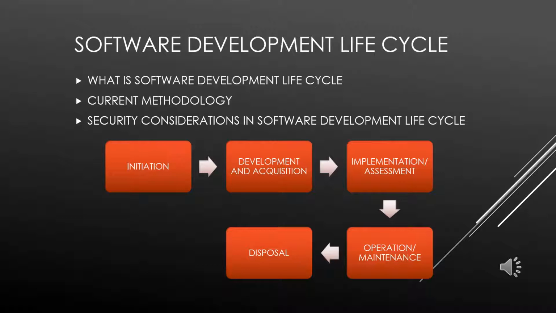The security considerations in software development lifecycle are initiation, development and acquisition, implementation assessment, operation maintenance, and disposal. Initiation. This is the first phase of the development cycle. Security considerations are key to diligent and early integration, thereby ensuring that threats, requirements, and potential constraints in functionality and integration are considered.